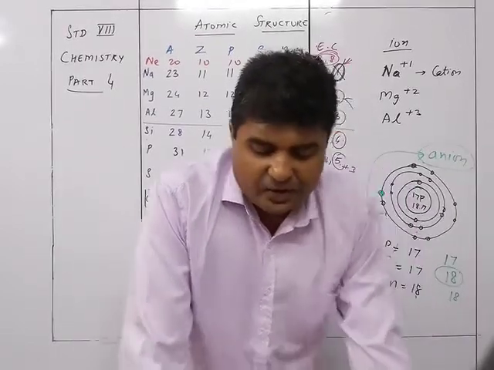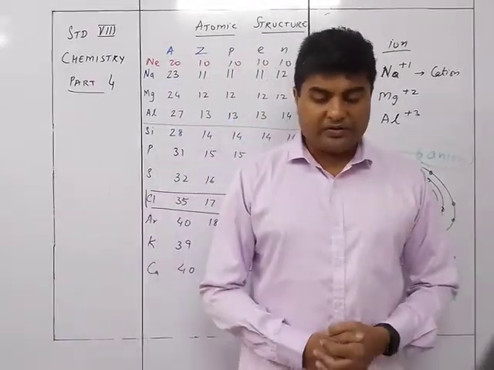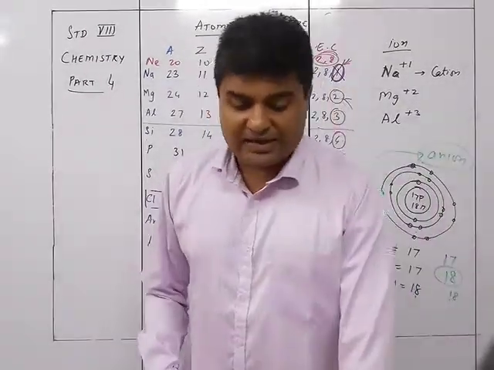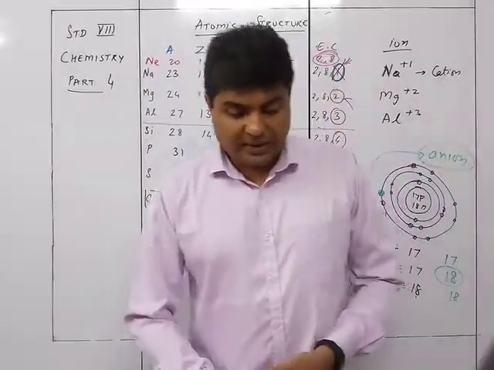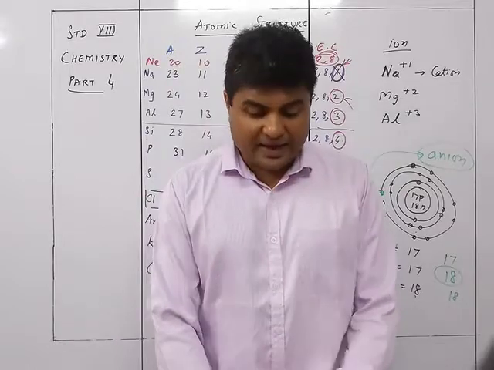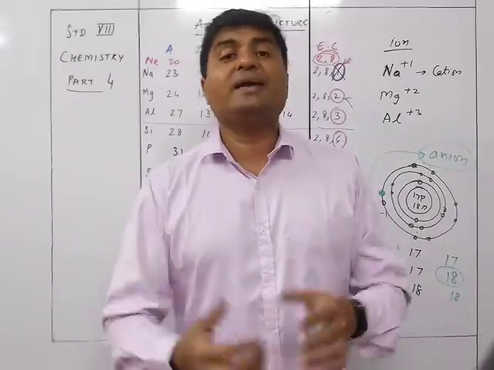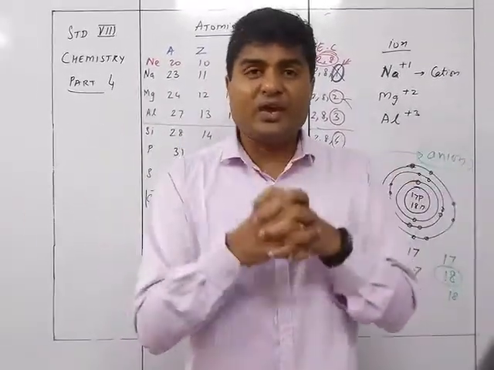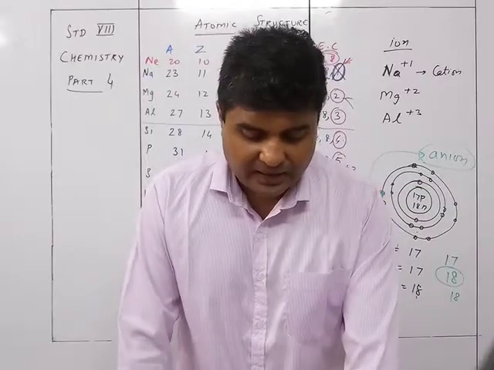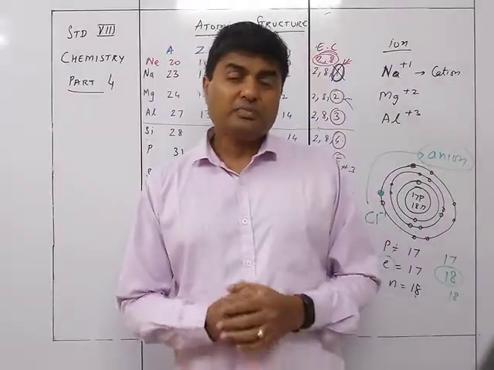Whereas atoms of other elements have unstable electronic configuration. Their valence shell, that is the outermost shell, is incomplete, and they tend to attain the stable configuration of the nearest inert gas by either gaining or losing electrons or by sharing electrons.